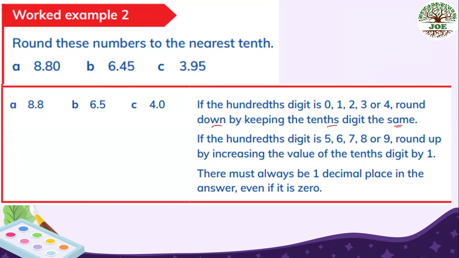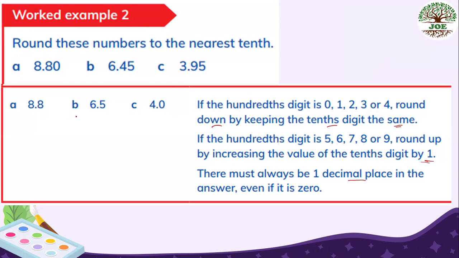If the 100th digit is 5, 6, 7, 8, or 9, we round up by increasing the value of the 10th digit by 1. There must always be 1 decimal place in the answer, even if it is 0.